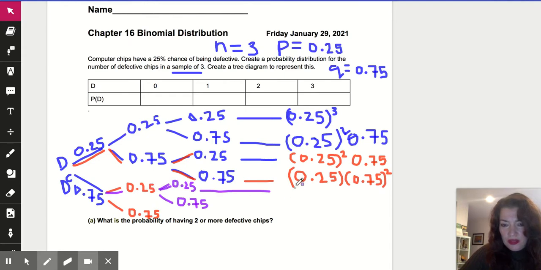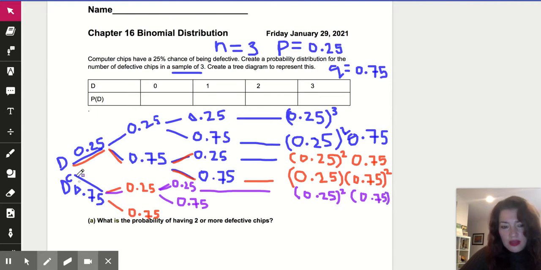So that means 0.25 squared and then 0.75. So I'm writing all my possible outcomes by multiplying the probabilities together.